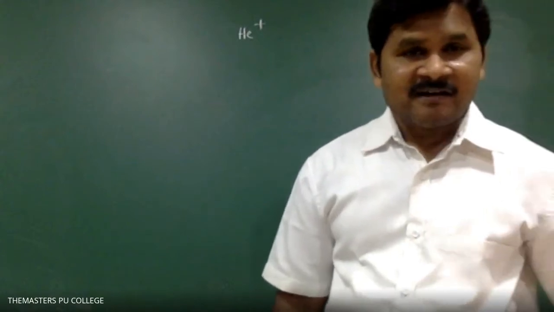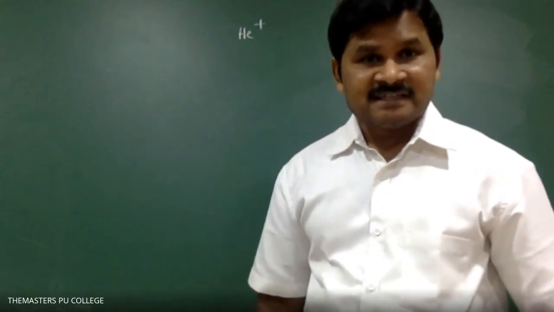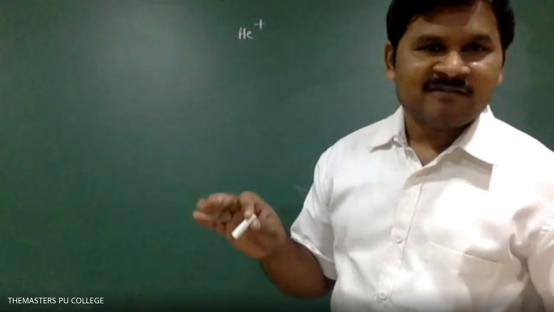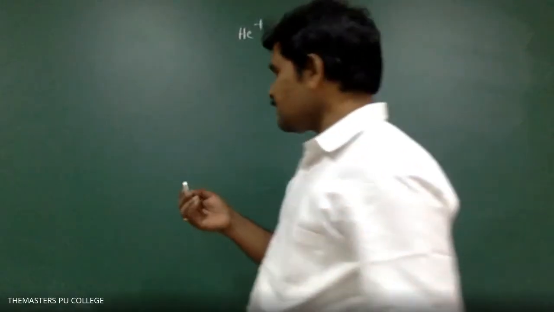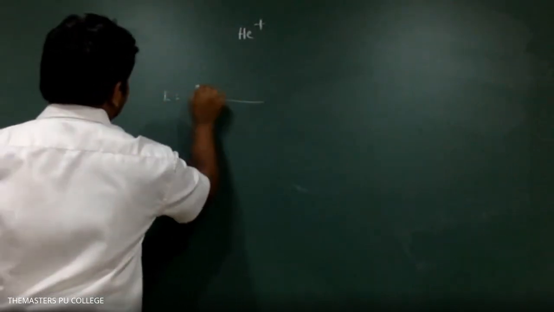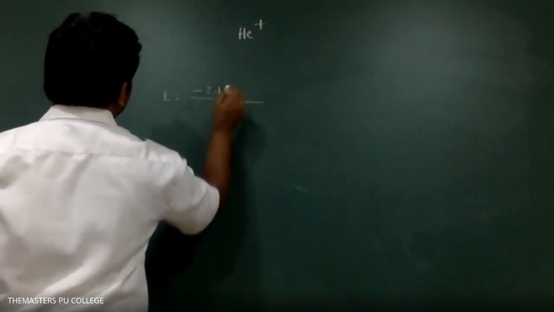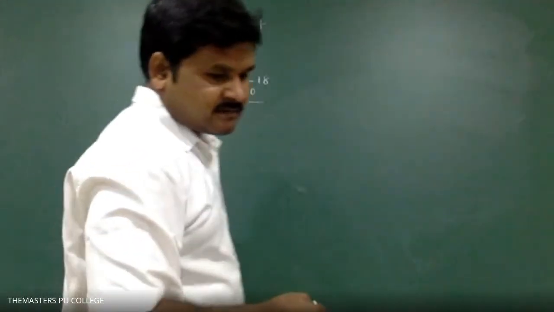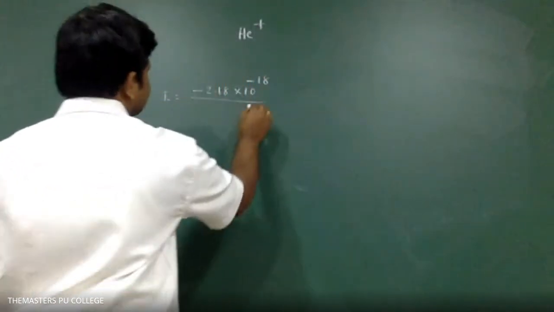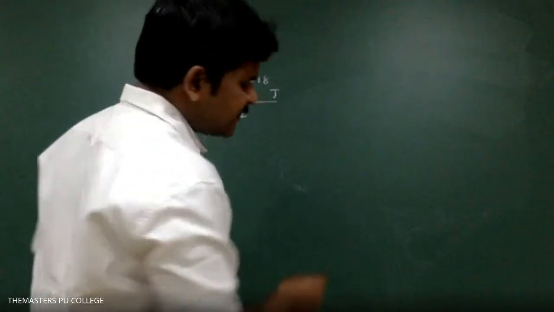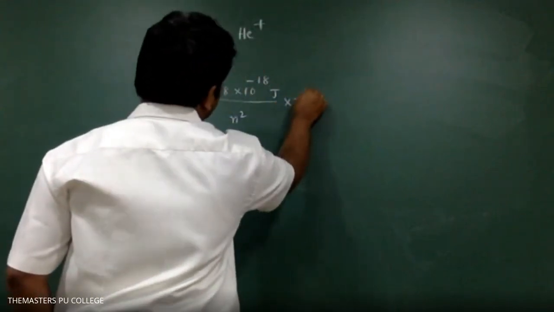What is the formula for energy, students? For hydrogen, it is minus 13.6 by n square in electron volts. In joules, E is equal to minus 2.18 into 10 power minus 18 joules divided by n square into Z square.